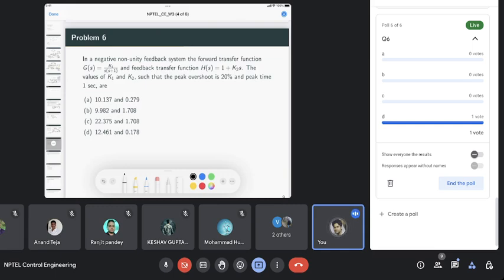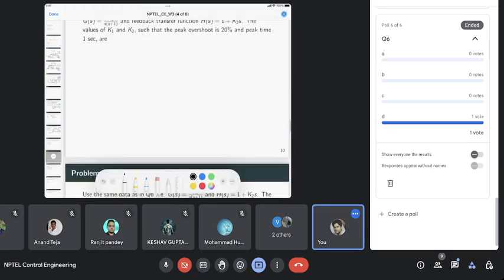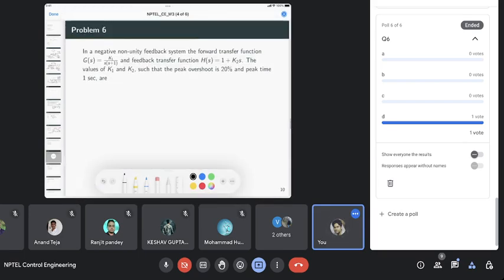Okay, so let's discuss this. You are given the G and H values, so you can write the closed loop transfer function. For this negative feedback system, the closed loop transfer function is simply G by 1 plus GH.